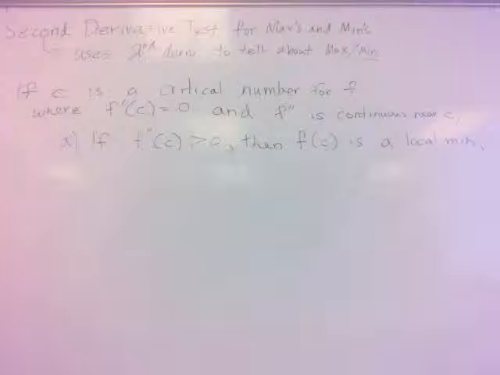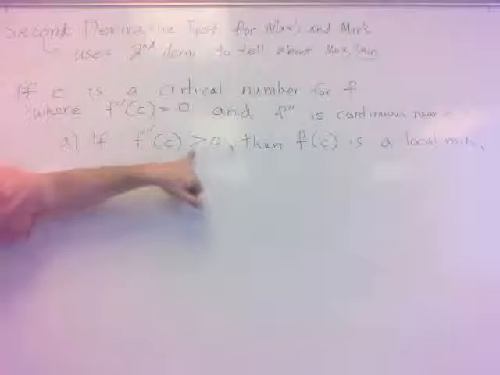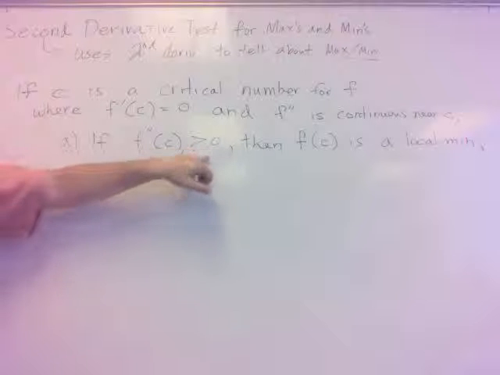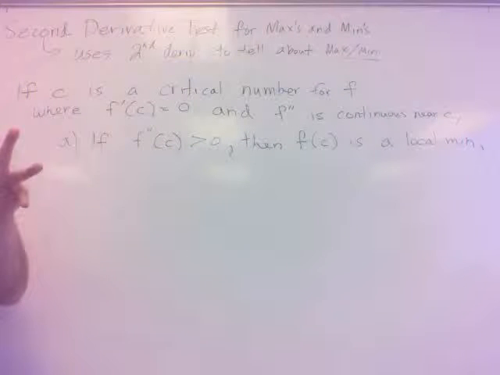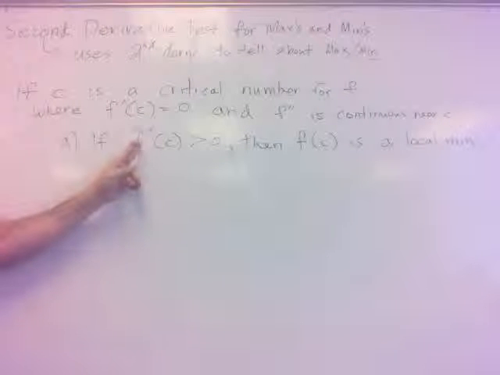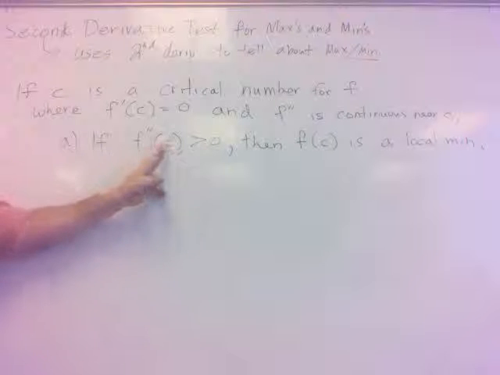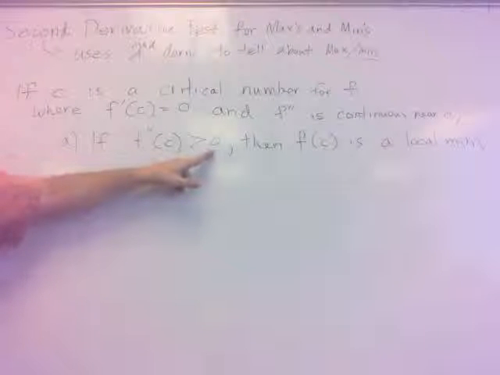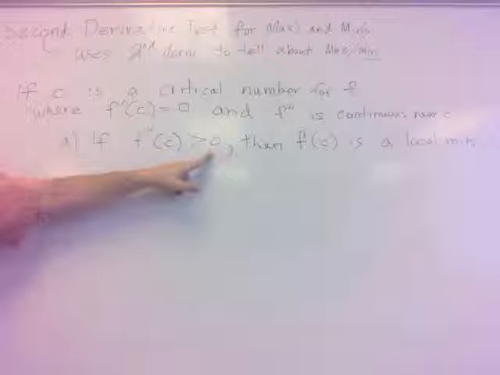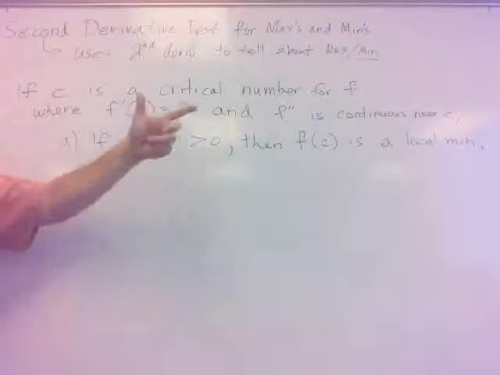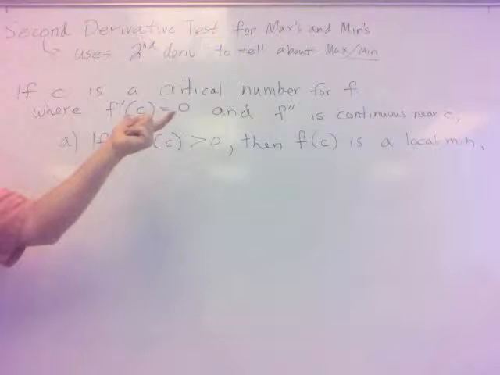Here's why. The second derivative does tell you about concavity. If the second derivative is greater than 0 at C, then what kind of concavity do I have? That's positive. That's concave up, right?